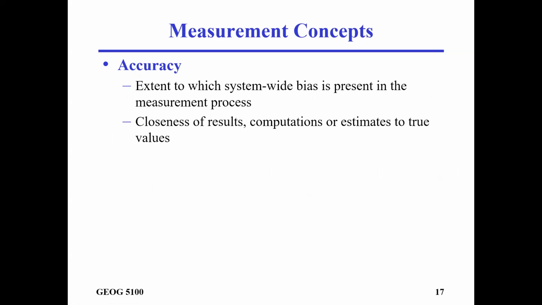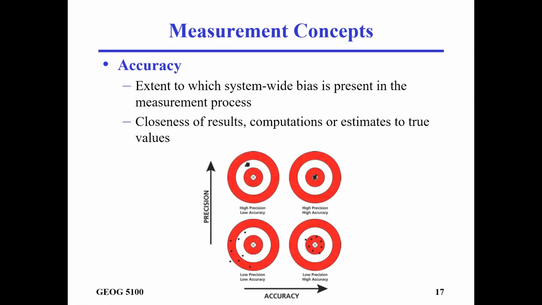Accuracy. Accuracy is different from precision. It is used to address the extent to which systematic bias is present in the measurement process. Okay, closeness of results, computations or estimates to true values. So here, let me give you a summary of accuracy and precision using these 4 targets.